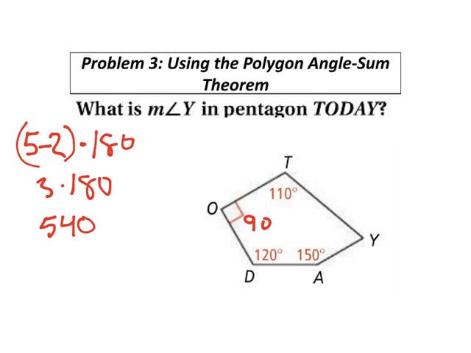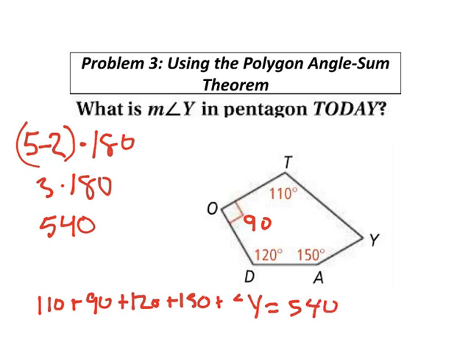So 110 plus 90 plus 120 plus 150 plus angle y is equal to 540. Well, let's add all of this together, and that's 200, 120, 150.